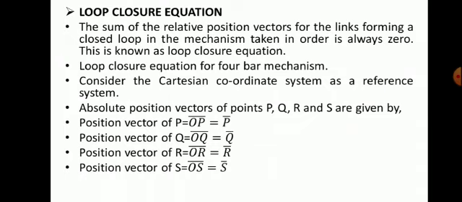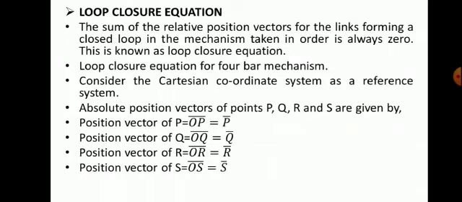The loop closure equation gives the relation between the position vectors of different links forming a closed loop in the mechanism. The links forming the closed loop in the mechanism are rigid.